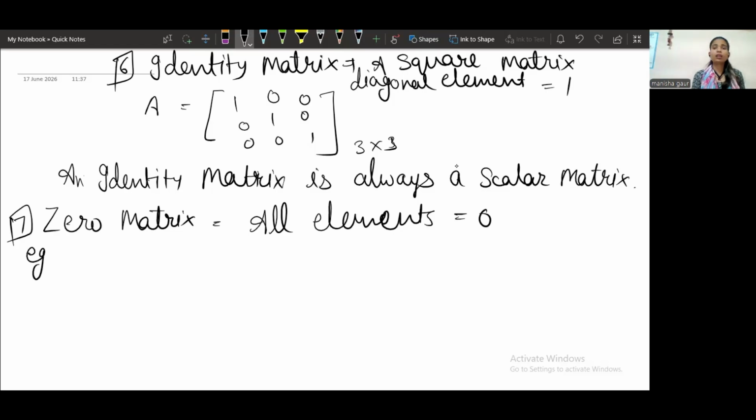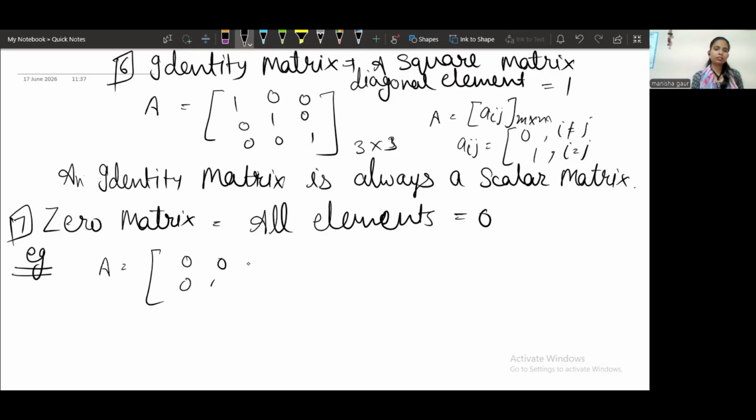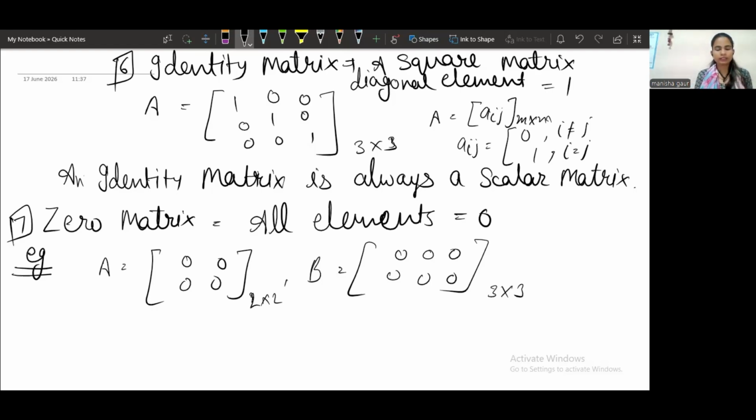Its general form we have not written: Aij, M cross M. Here if we take examples, all elements would be 0, 0, 0, 0. So 2 cross 2, 3 cross 3. So these are the types of matrices.